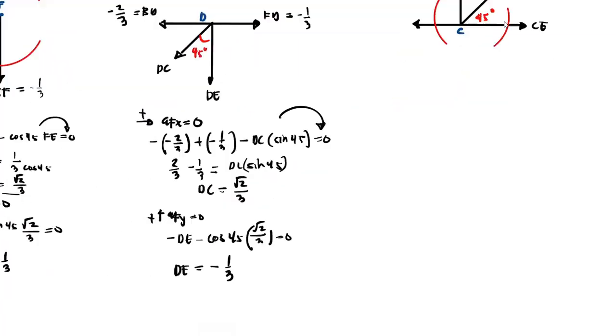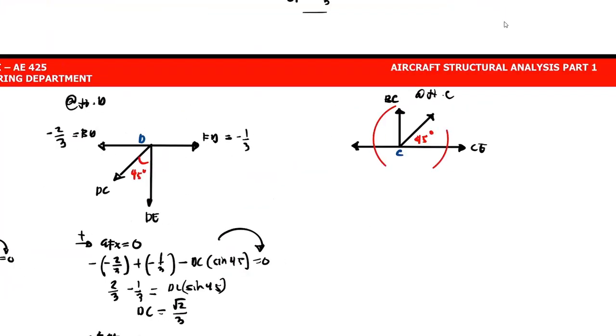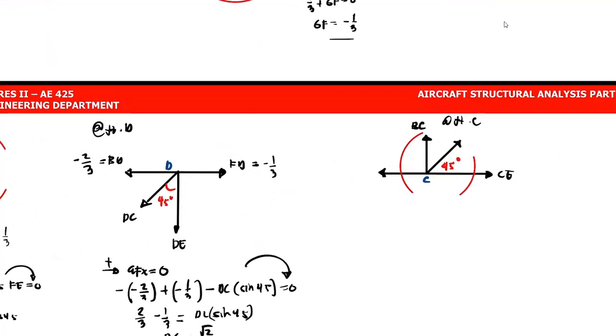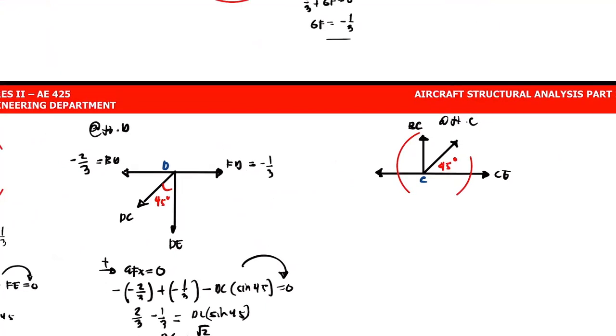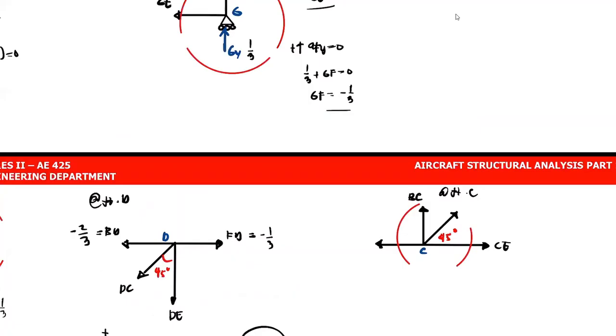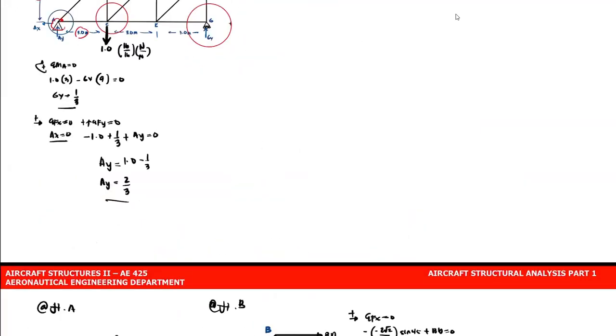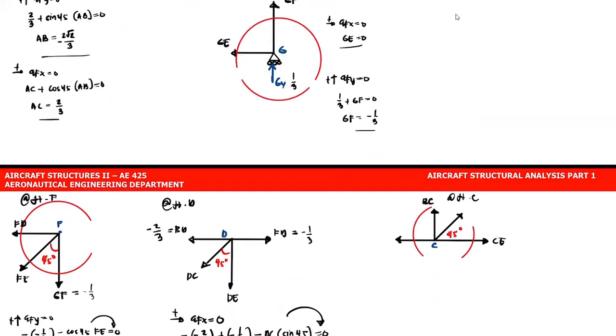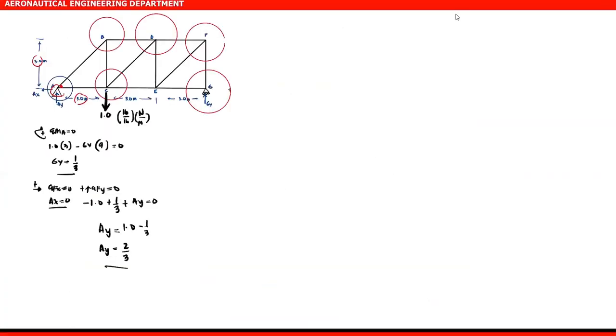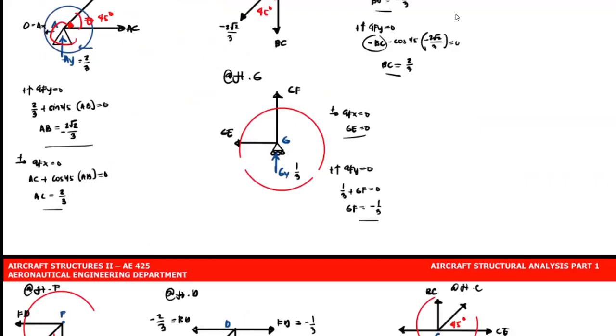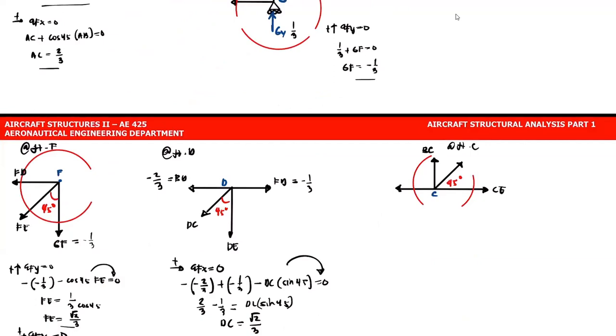Okay. Next is member at joint C. Okay, sa joint C, we have elements BC, okay, pataas, element DC, element AC, and CE. So this is AC and this is DC.